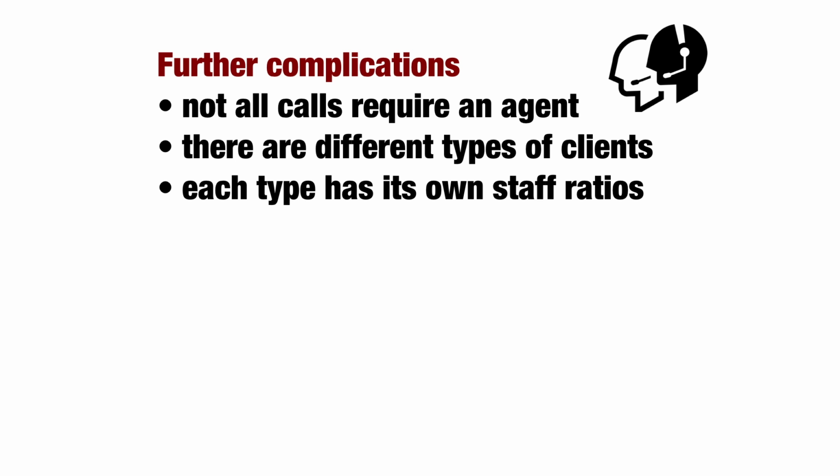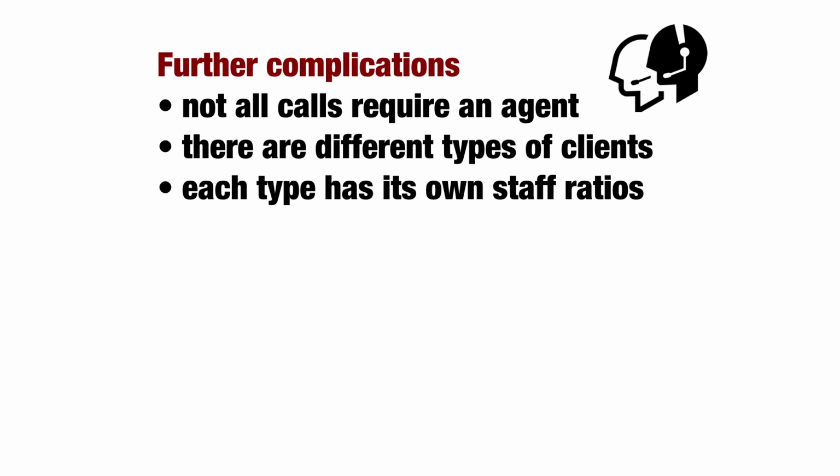Each one of those client types needs its own staff ratio for the call center. So we want more agents to be available for platinum clients, because we don't want our platinum clients to wait at all. Our gold clients can wait a little bit for available agents. And our silver clients, that's fine, they can wait a few minutes for an available agent.